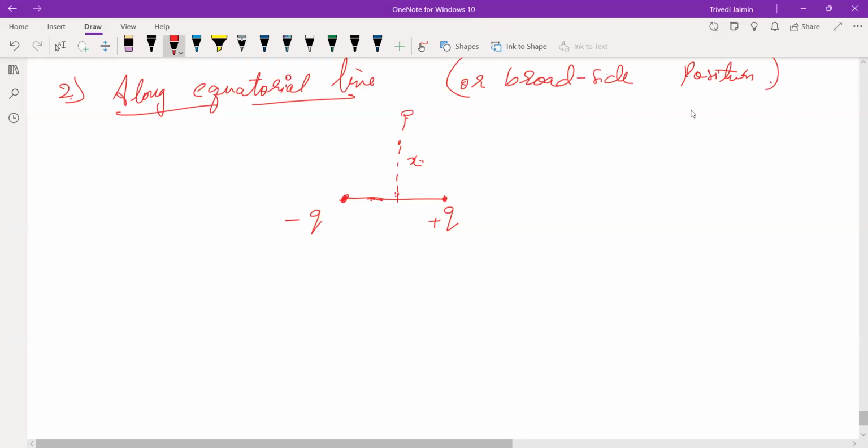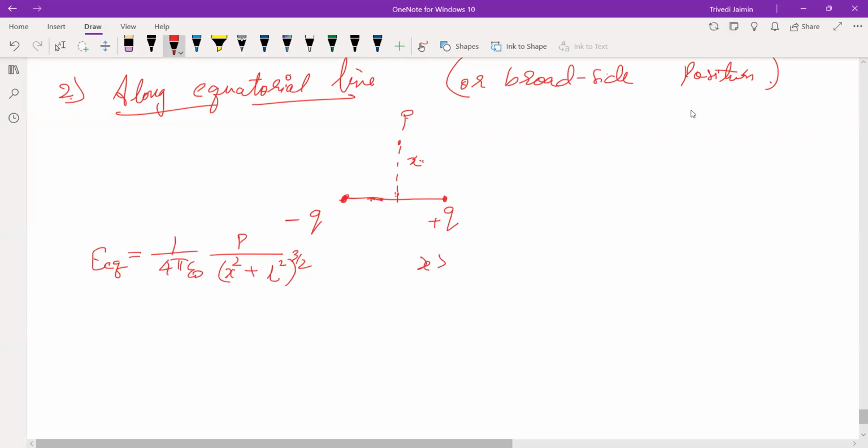Okay, so the equatorial point. Same formula: 1 by 4 pi epsilon naught, P by (x square plus L square) to the power 3 by 2.